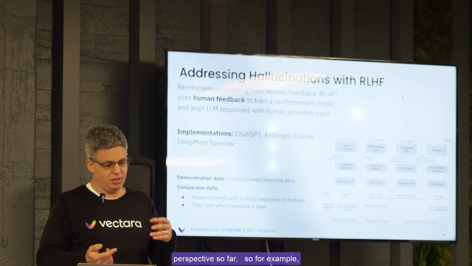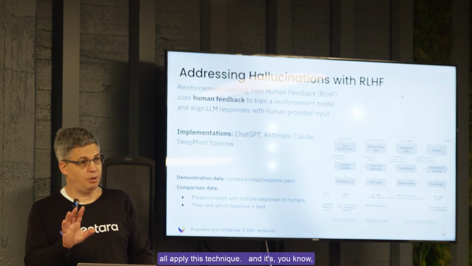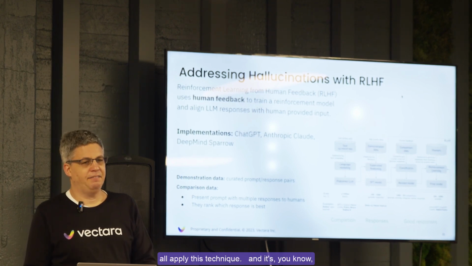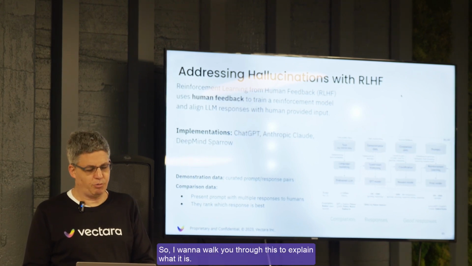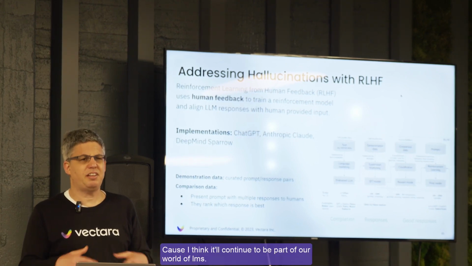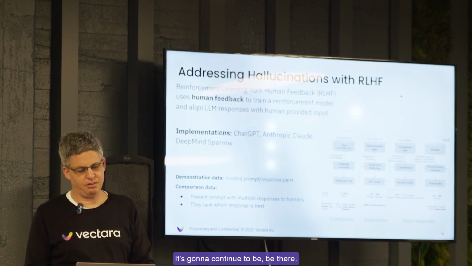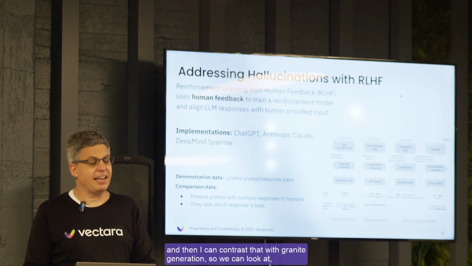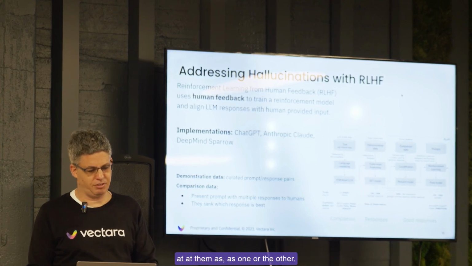For example, ChatGPT from OpenAI, Anthropic, DeepMind, they all apply this technique. It's got some advantages and some disadvantages. I want to walk you through this to explain what it is, because I think it'll continue to be part of our world of LLMs. Then I can contrast that with grounded generation, so we can look at them as one or the other.